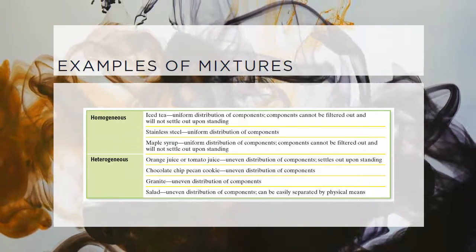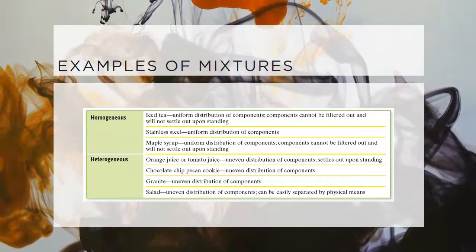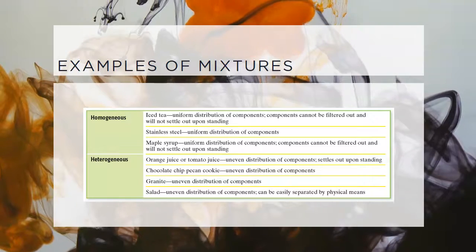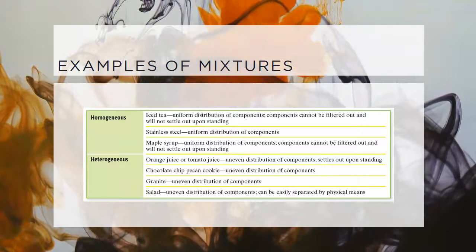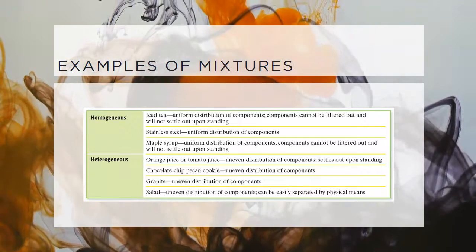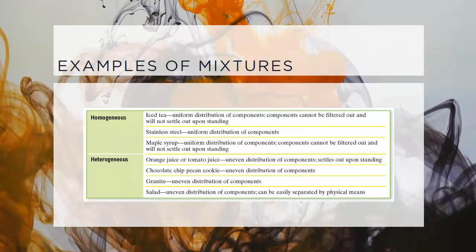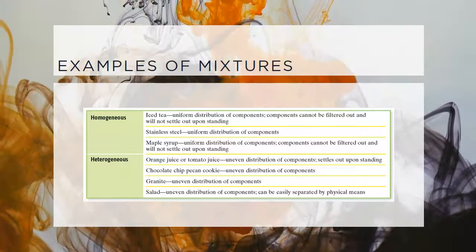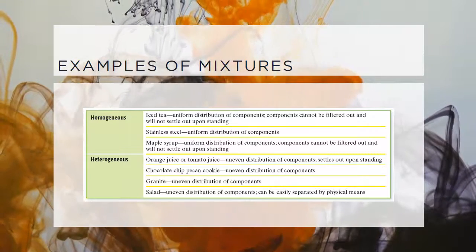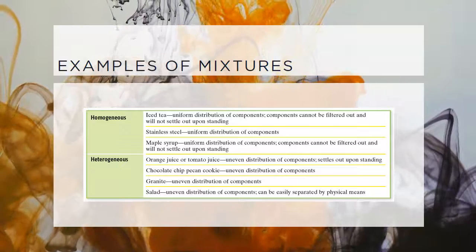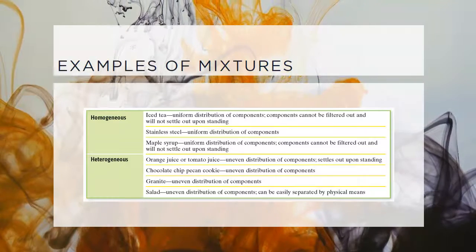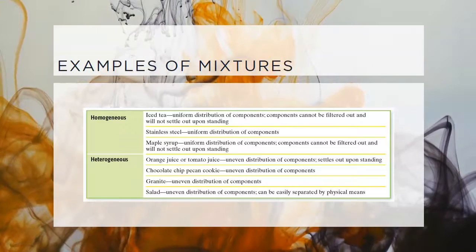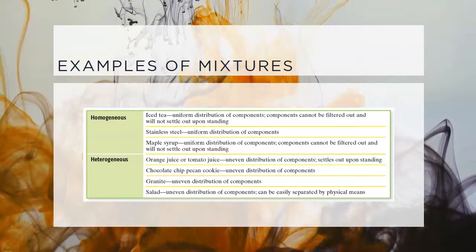So that's something that's going to be uneven. And obviously you have the doughy part and the chocolate chip part. Granite and salad are also two more examples. Salad obviously can be easily separated with your fork. You've got the tomatoes, lettuce, etc. So those are some examples of heterogeneous mixtures.